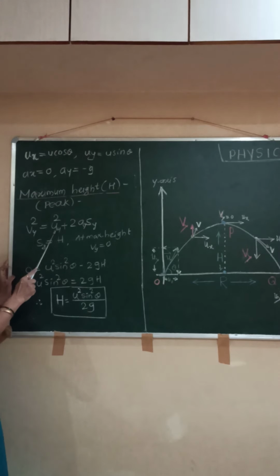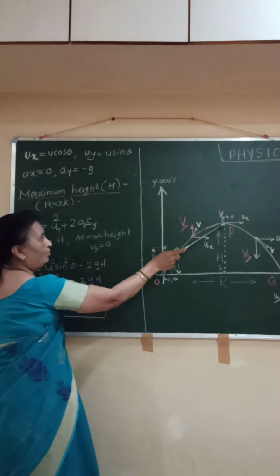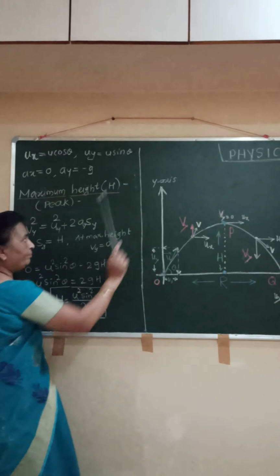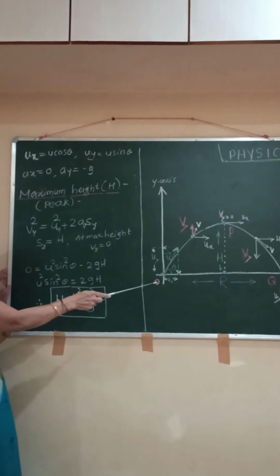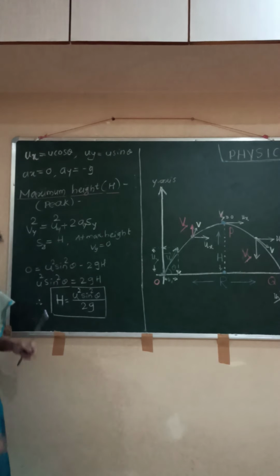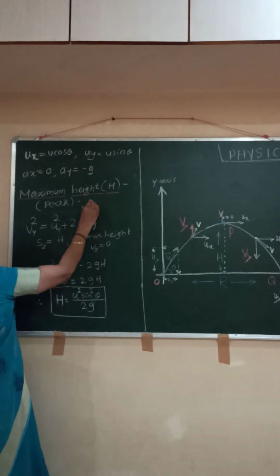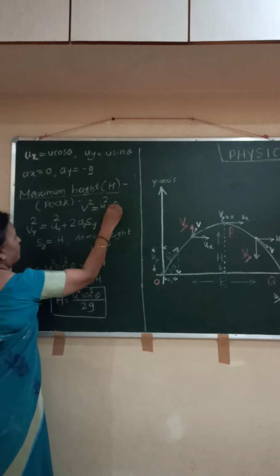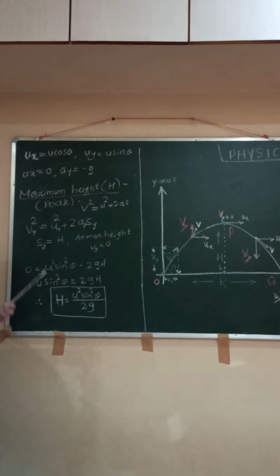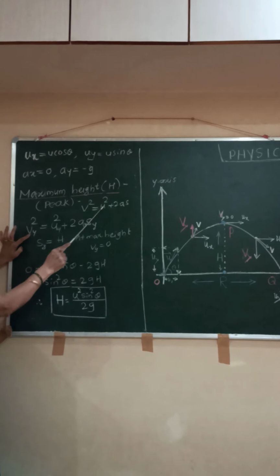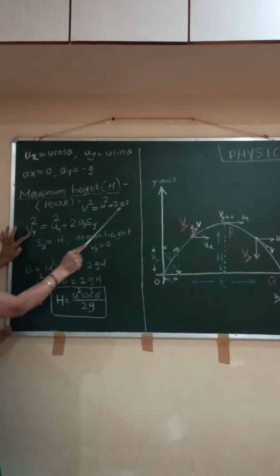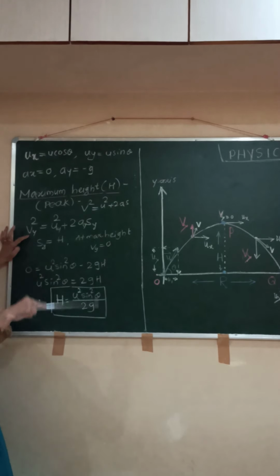v square is equal to u square plus 2as. Since here we are finding the equation for height, we have to take it along vertical direction, that means along y-axis. So that equation, v square is equal to u square plus 2as. हे इक्वेशन आपण कसं रिप्लेस करू शकतो? v is replaced by vy, u is replaced by uy, a is replaced by ay and distance, vertical displacement, that is sy.